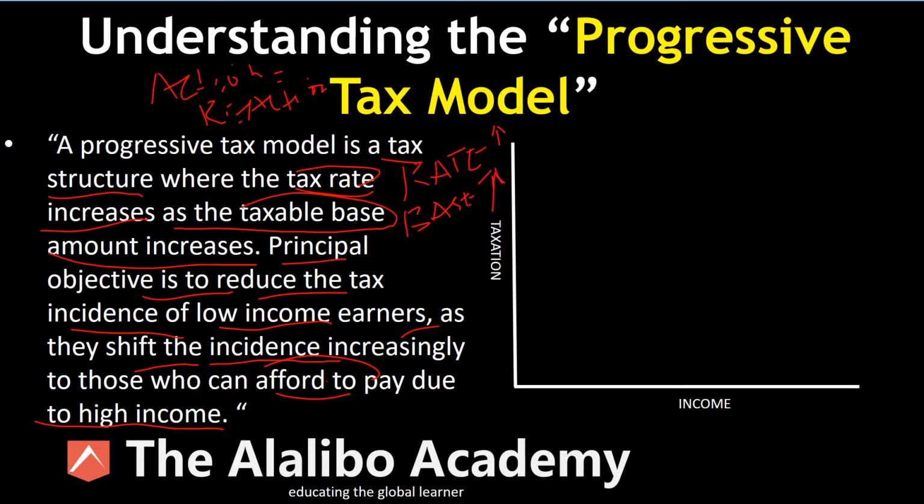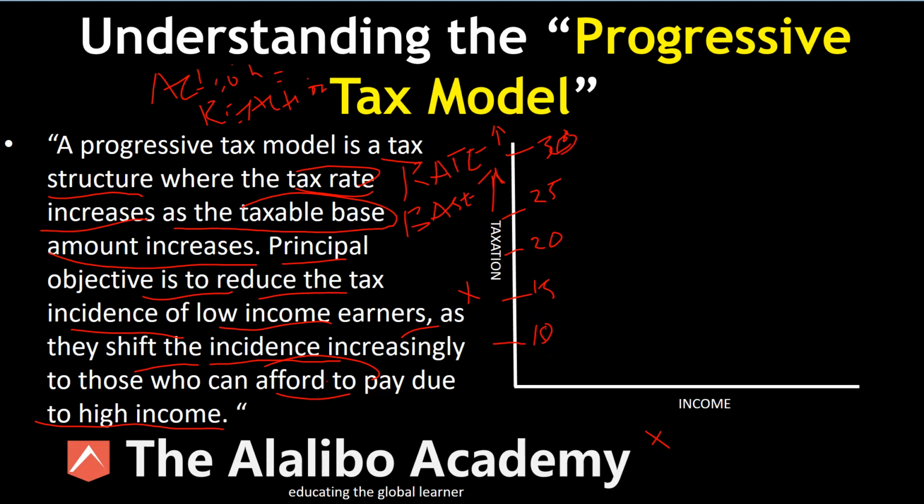So let's take a closer look with this graph here. On this side we have taxation, and on this side we have income. So let's say taxation begins at 10%, to 15%, to 20%, to 25%, to 30%.